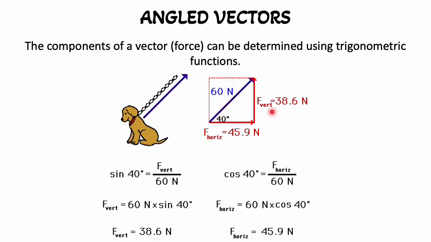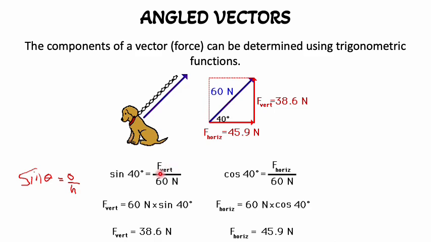So to get the y component, we can use the sine theta. So sine theta is equal to the opposite over the hypotenuse. If you analyze the illustration, the opposite of this angle is the vertical or the y component.